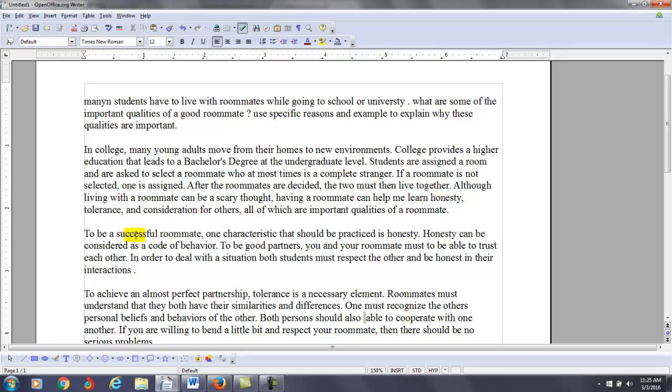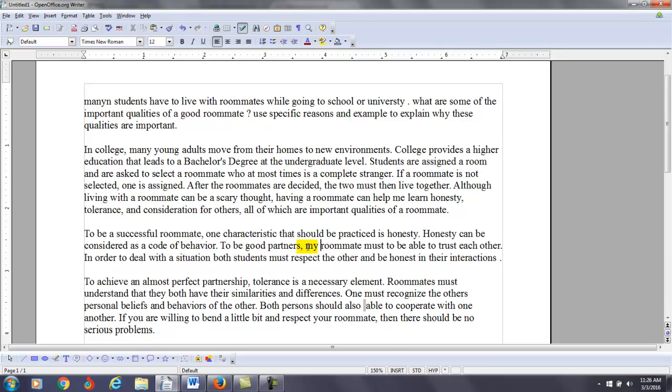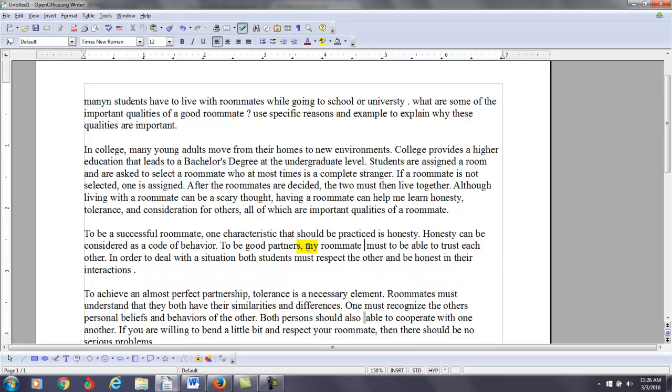Honesty can be considered as a code of behavior. To be good partners, change the tone a little bit here. My partner or my roommate and I must, not to, but must be able to trust each other. In order to deal with this situation, both students must respect the other and be honest in their interactions.